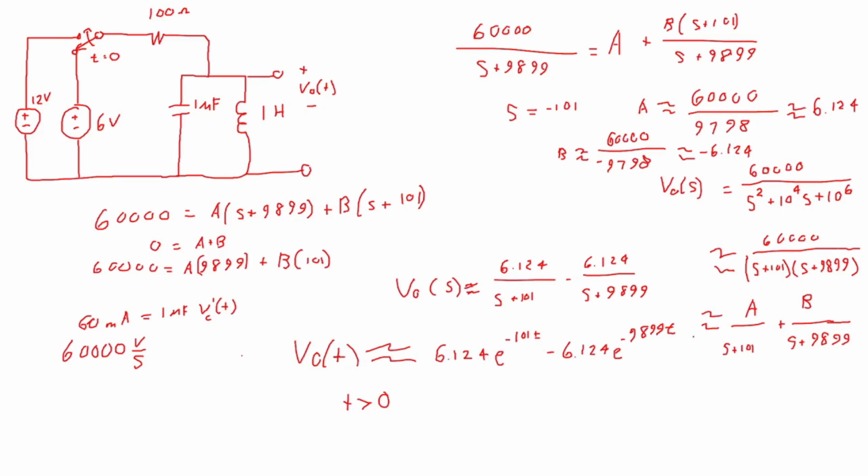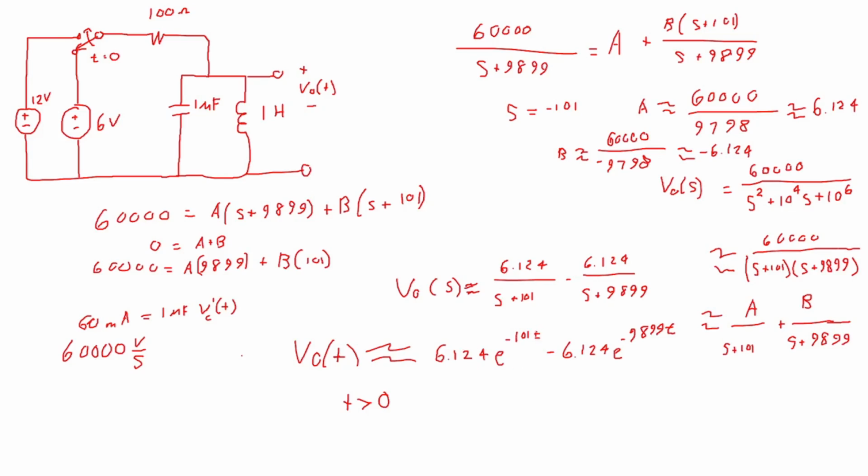And so the output voltage at about t equals 10 to the minus 4, this term is going to be much smaller. This is going to be e to the minus 0.01. And so the 6.124 volts term here, this leading term, this is the slow term.